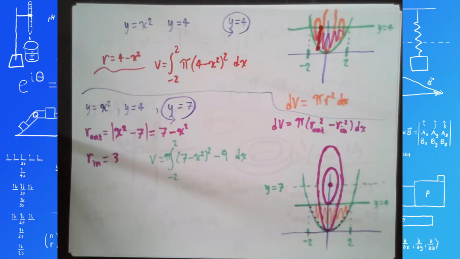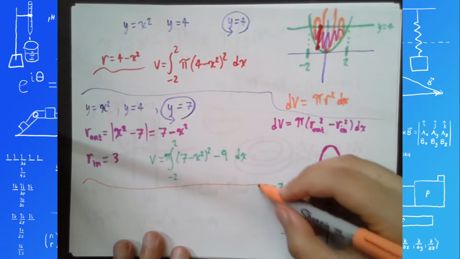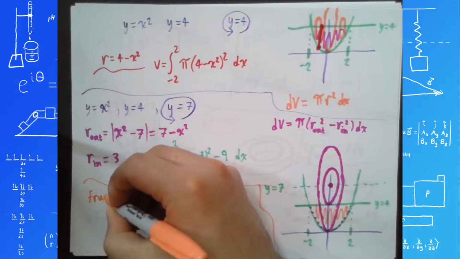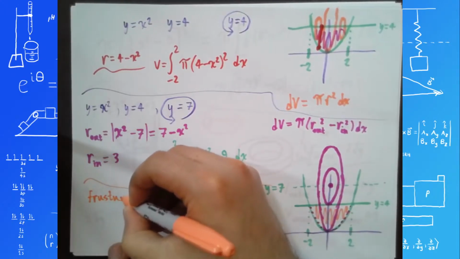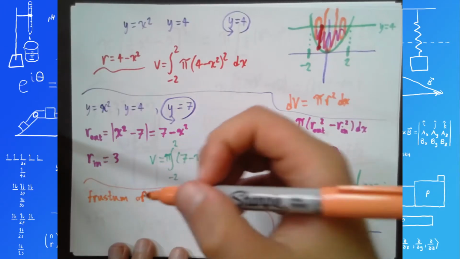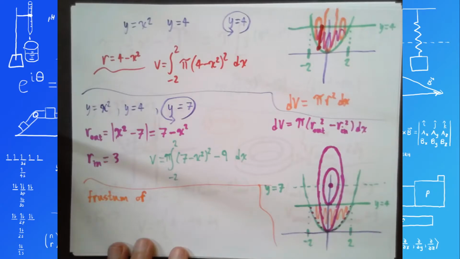So we've got a problem that says a frustum of a pyramid, which is basically a pyramid with its top chopped off.